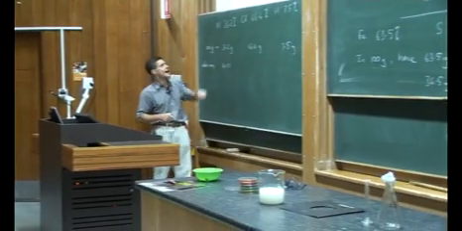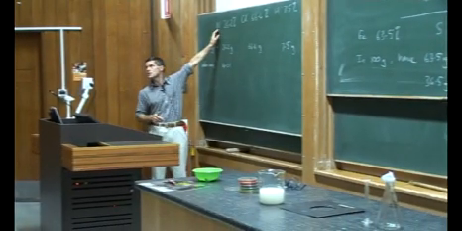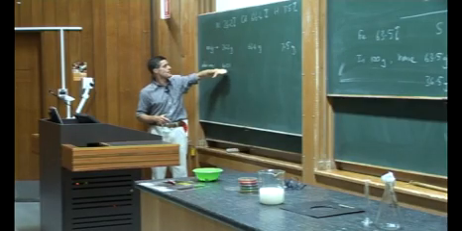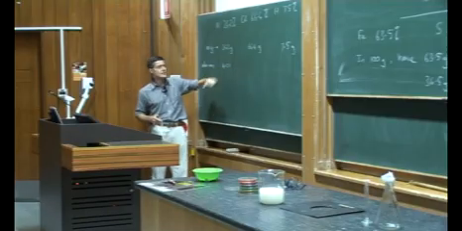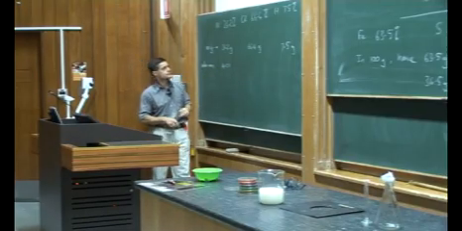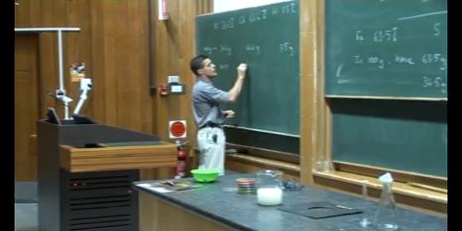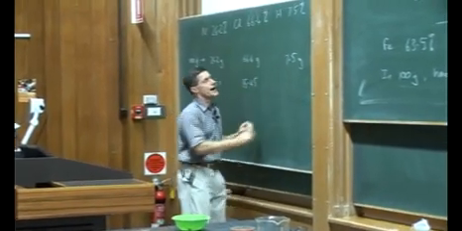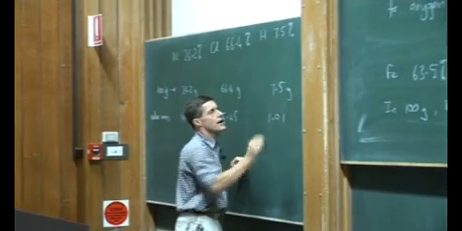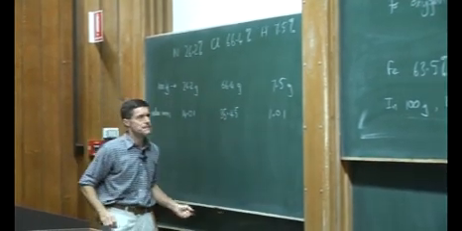I'm looking just at nitrogen atoms within this compound. So the molar mass that I use is that for the atom, 14.01. Chlorine, 35.45 is the molar mass of chlorine, and hydrogen, 1.01 is the molar mass of hydrogen.